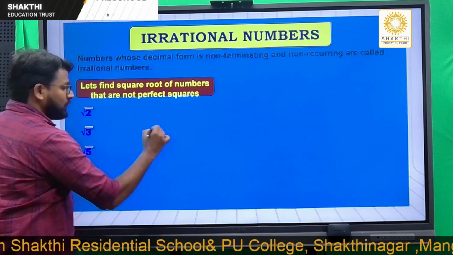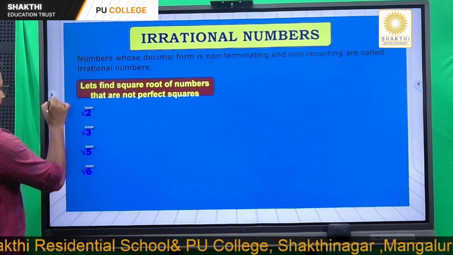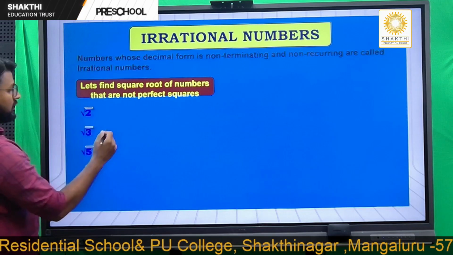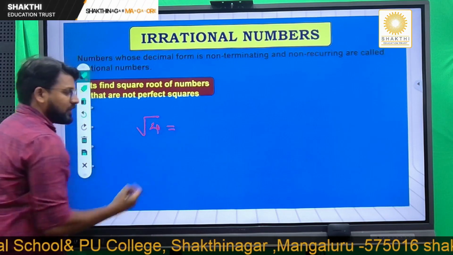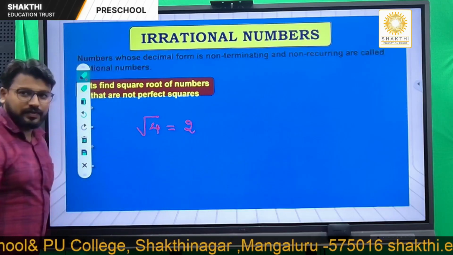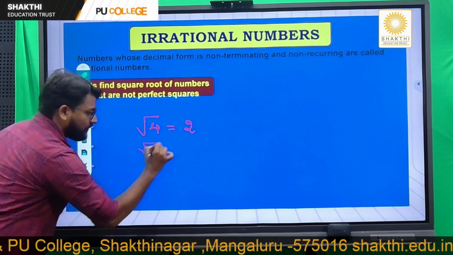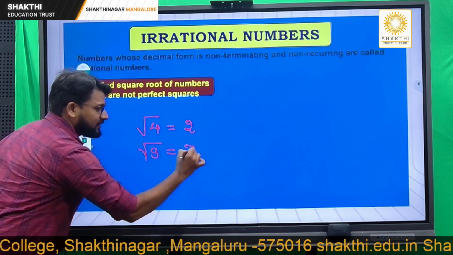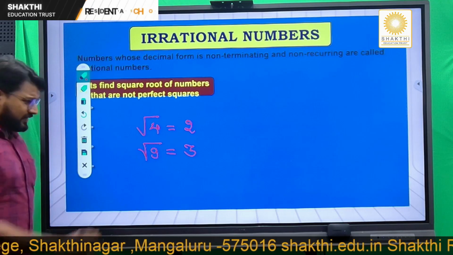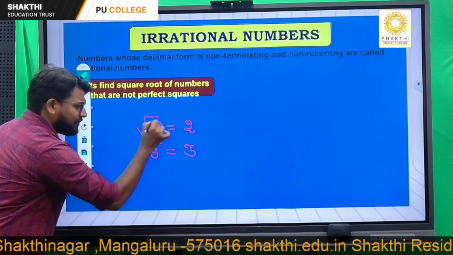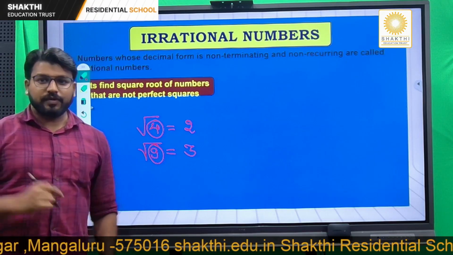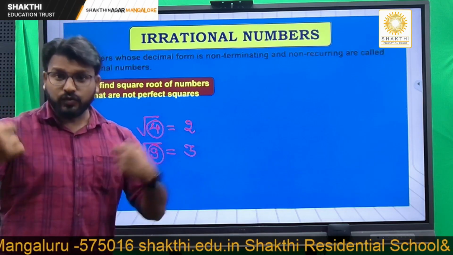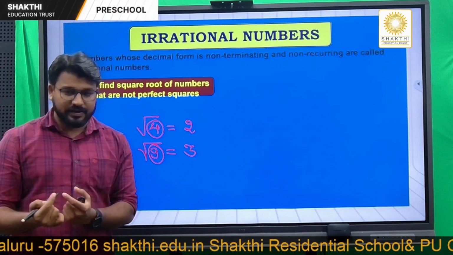If I ask you what is the square root of 4, you say the answer is 2, isn't it? If I ask you what is the square root of 9, then you say the answer is 3. These numbers are called perfect square numbers because for them you have the roots that you have studied in 8th standard, right?